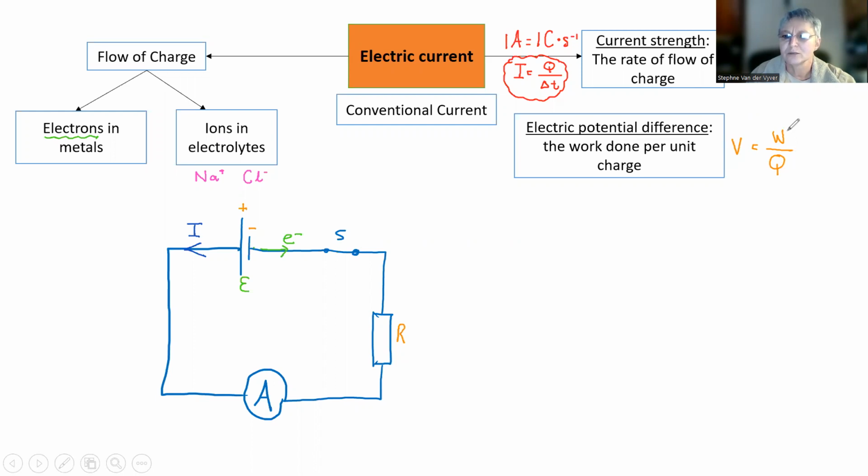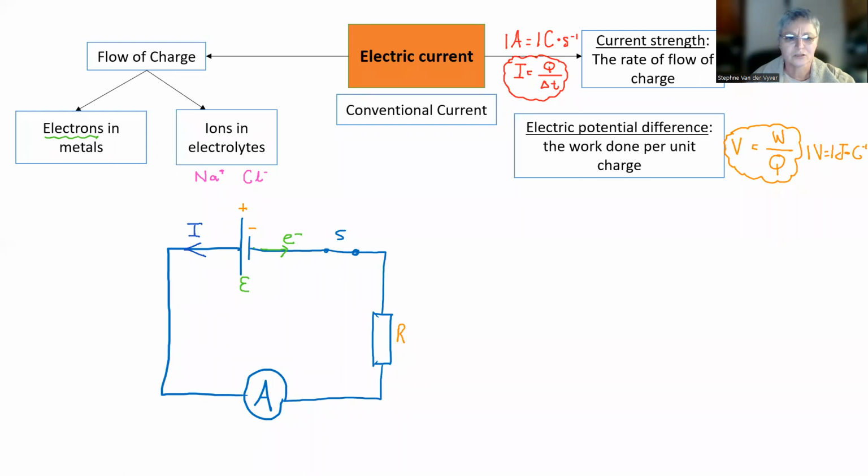Work done is also related to energy transferred or energy used. From this equation, which originates from the definition of electric potential difference, we get that 1 volt is 1 joule per coulomb. That's the equivalent unit to the volt.